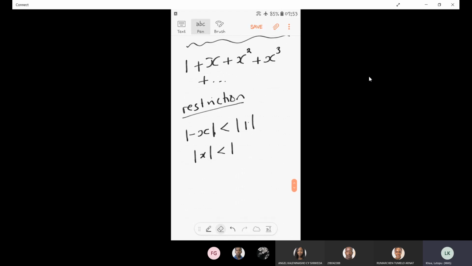Okay, because absolute value of 1 is 1, because 1 is 1 unit away from 0. And absolute value of minus x is equal to x, because x and minus x are the same distance away from 0. Like 2 and minus 2, they're the same distance away from 0. Okay, so you can just write it as absolute value of x.